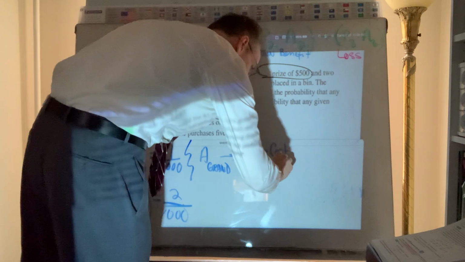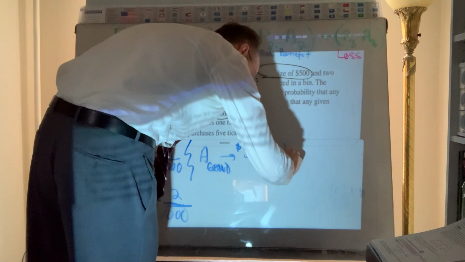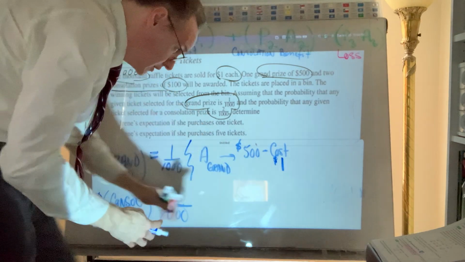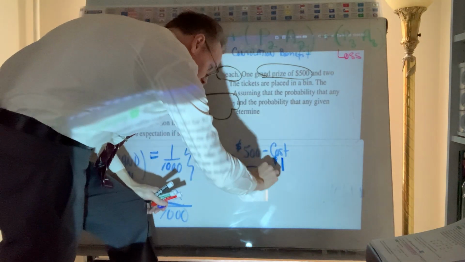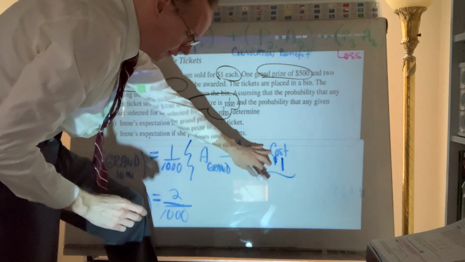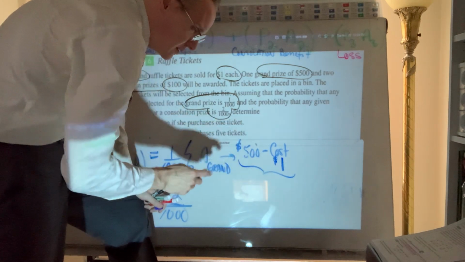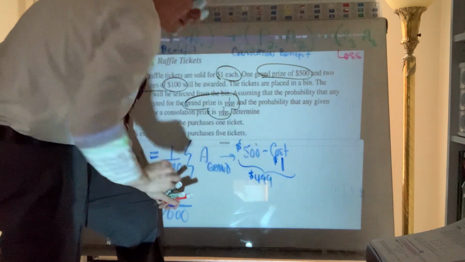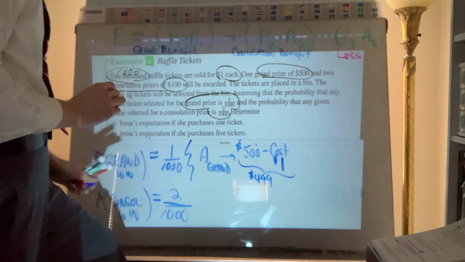So the person is going to have a net amount of money that's greater than the cost of the ticket, but it depends on how many they're buying here. So if it's $500 that the person in theory would win, factor in that they spent $1, so it would be $499 technically.